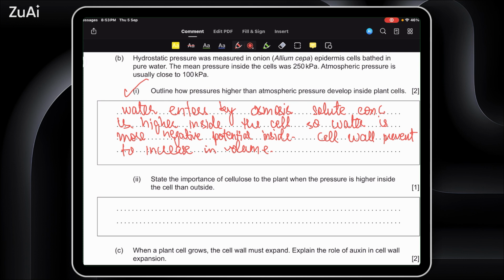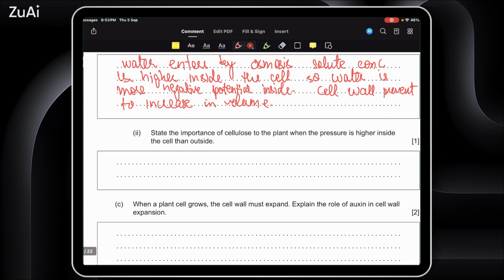State the importance of cellulose to the plant when pressure is higher inside than outside. So it prevents bursting because the cell wall has a very compact structure. So it prevents bursting.